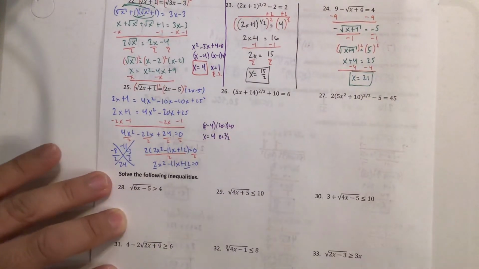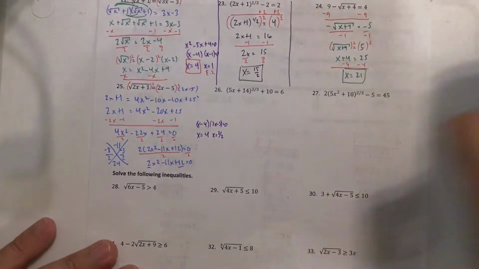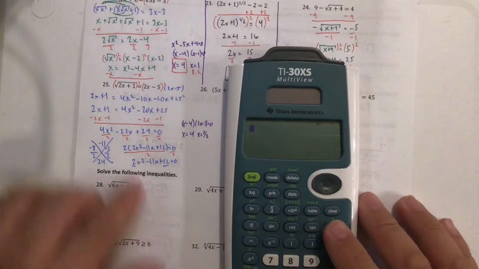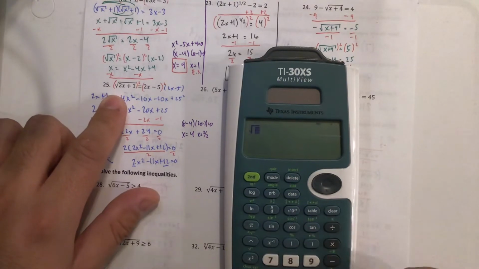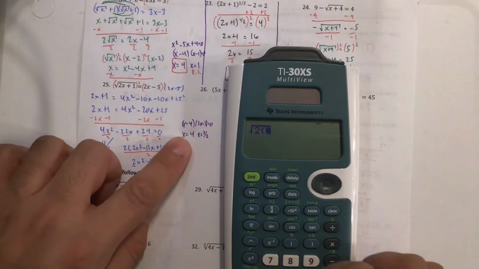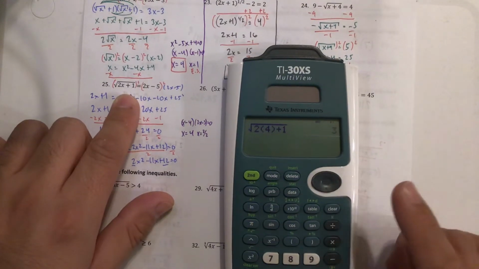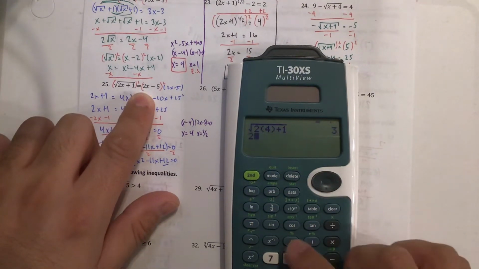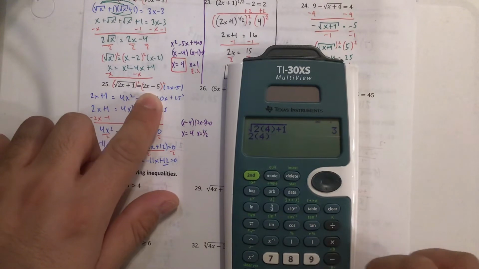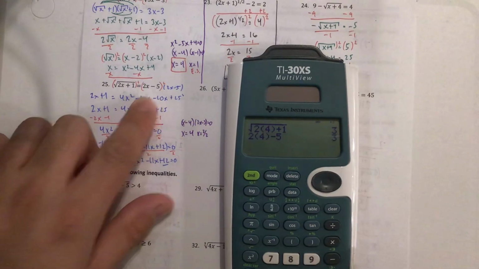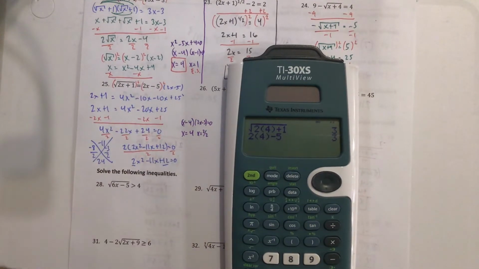Let's see if they work or if one of them is extraneous. All right, so the first one, the square root of 2 times 4 plus 1. We get 3 on this side, 2 parentheses 4 minus 5, and we get 3. So the first one checks out, x equals 4 is a solution.